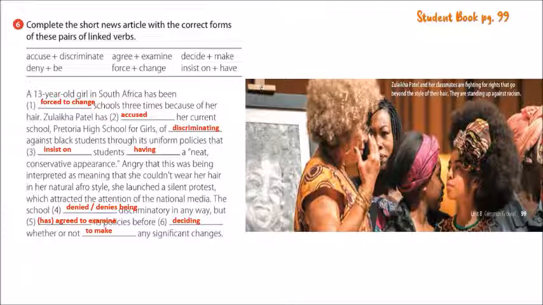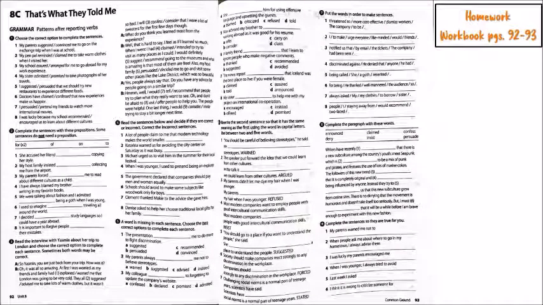Okay, so pretty much that's everything for working on the student book today. But now, guys, your homework for next class, for Thursday, Friday, and Saturday, would be workbook pages 92 and 93. All of these exercises regard verb patterns that we saw today, okay?